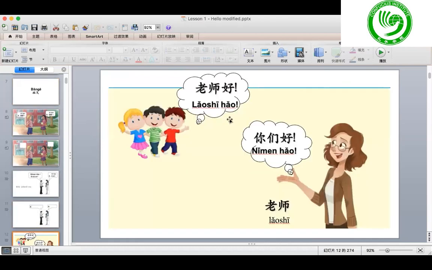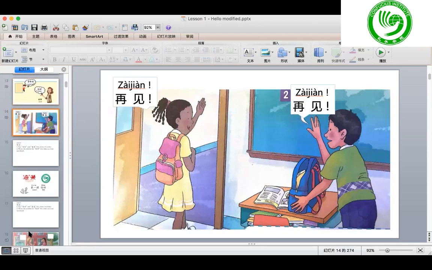Yes. And then we've learned how to say hello, teacher. It is 老师好. And we've learned how to say very good. 很好. Yes. And then we've learned how to say goodbye. It is 再见. 再见.